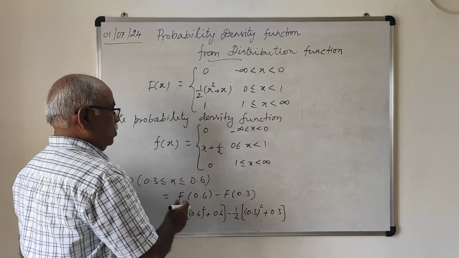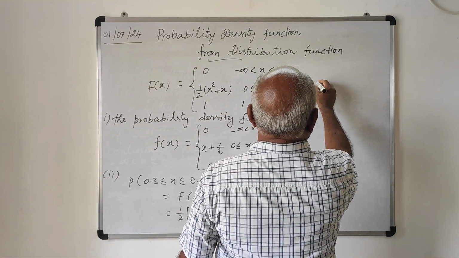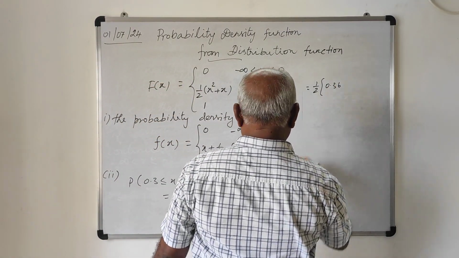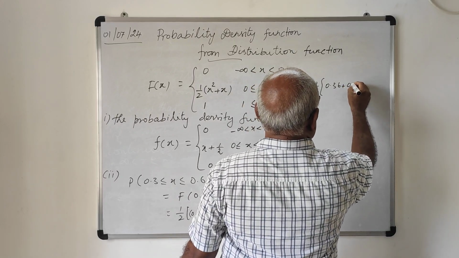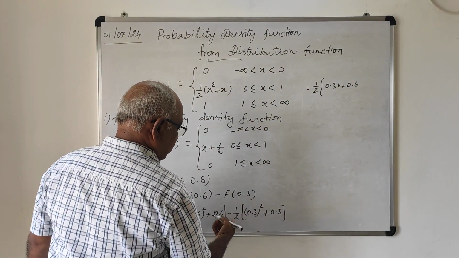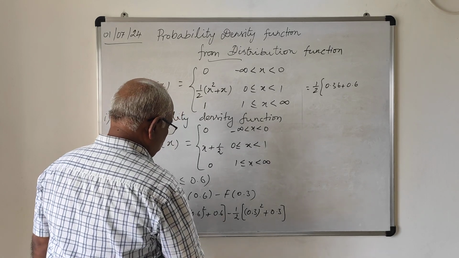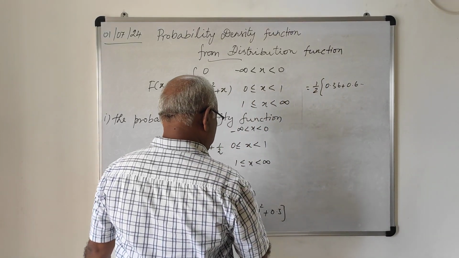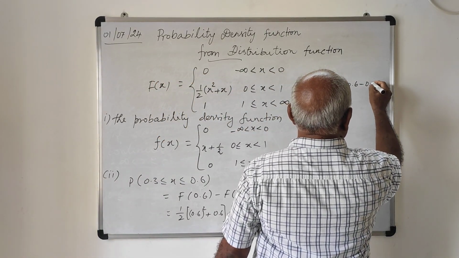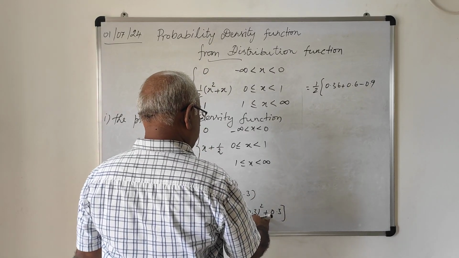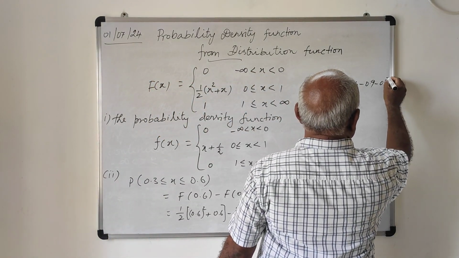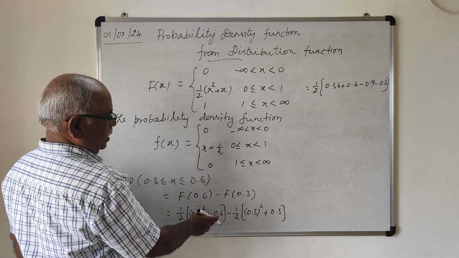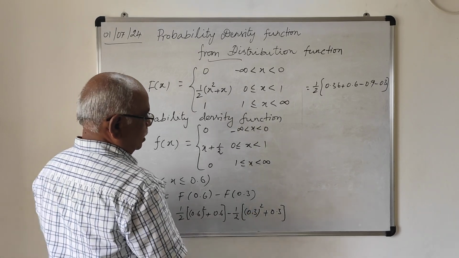Consider this equal to 1 by 2 into 0.6 square, which is 0.36, plus 0.6, minus 1 by 2 into 0.3 square, which is 0.09, plus 0.3. You can take the 1 by 2 as a common term. Sorry, 0.3 square is not 0.9, it is 0.09.